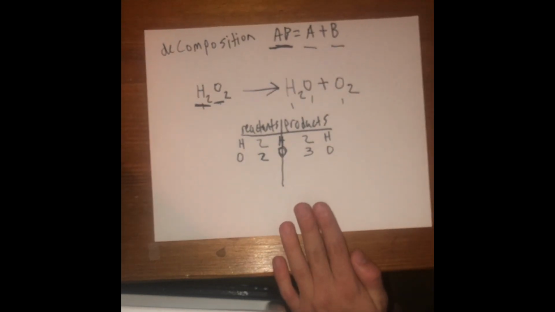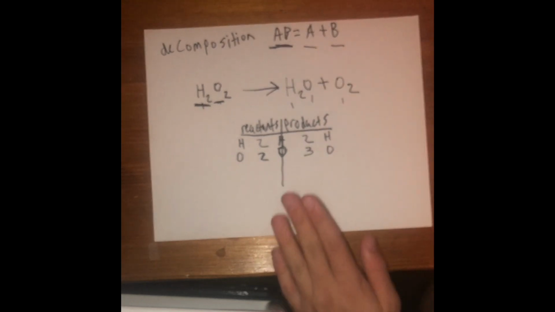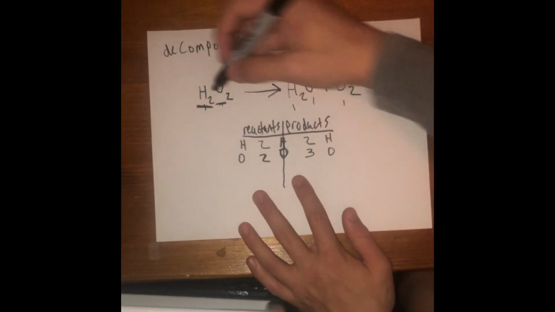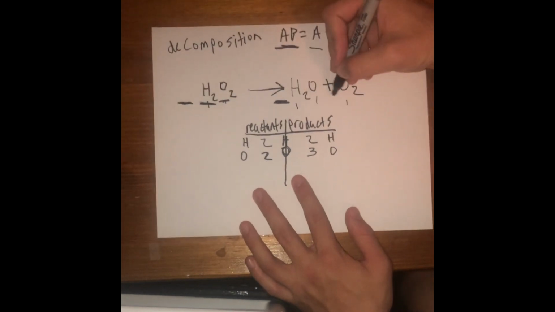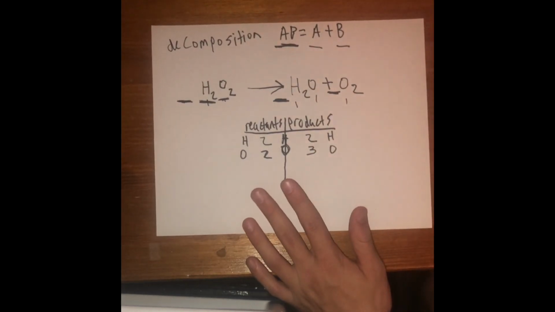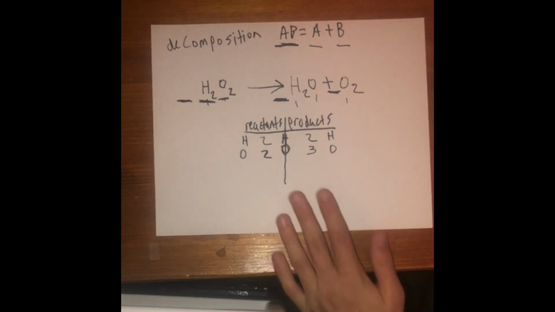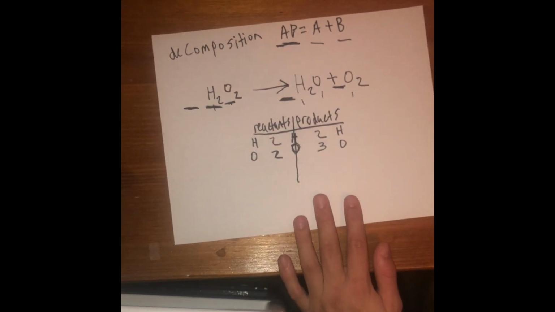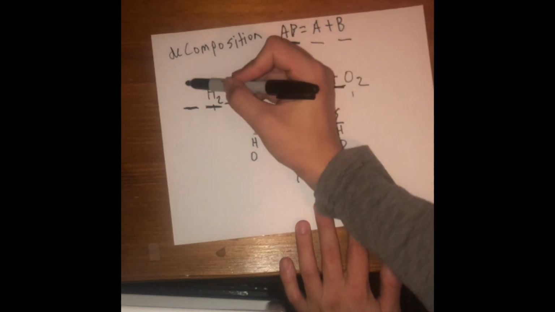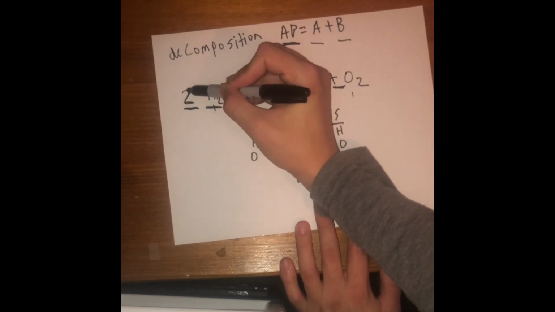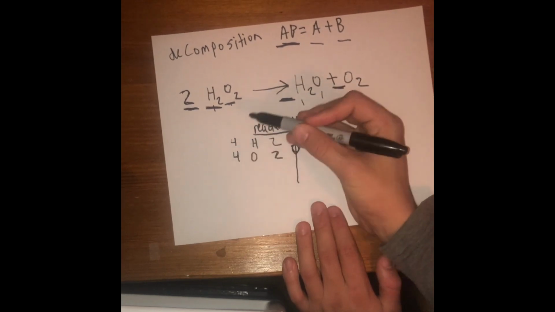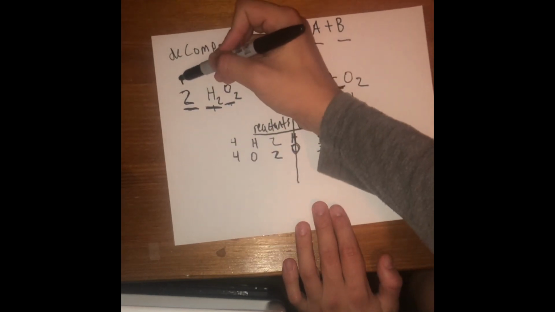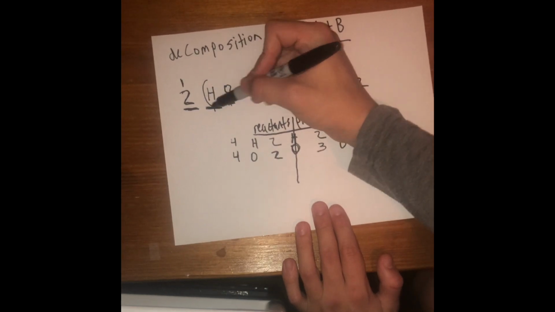So the way we can solve this is we use coefficients as we did on the first one. So coefficients go before the element, and they add that many elements to the equation. So for this one, to make it even, you put a 2. So now we have 4 and 4. So for every one of these, it adds one of these.